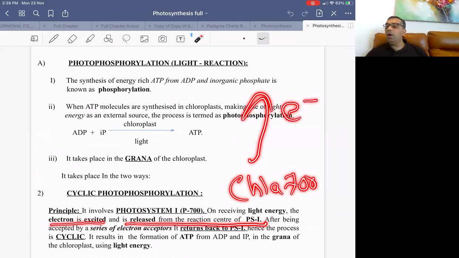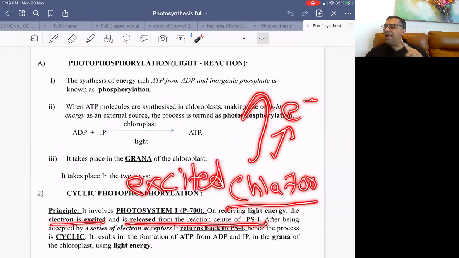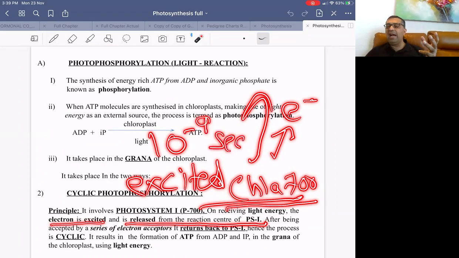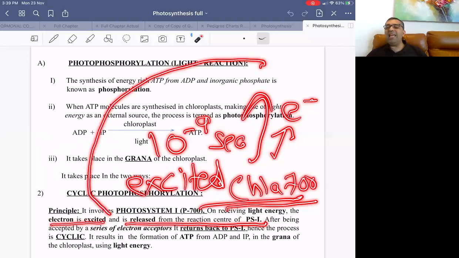But do we remember, this excited chlorophyll A can remain excited for only 10 raised to minus 9 seconds, which means in 10 raised to minus 9 seconds, the electron will pass through a series of electron acceptors and return back to chlorophyll A 700.